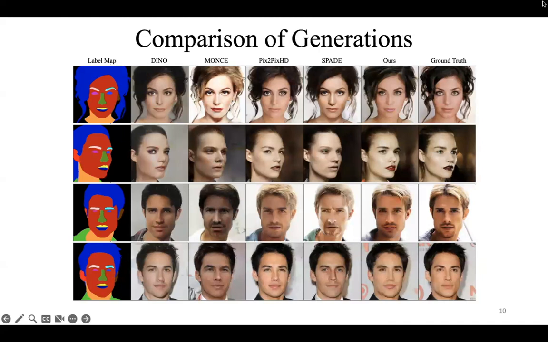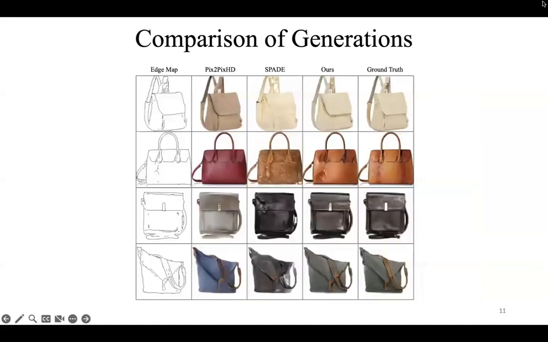We can see that GRIT is able to have the most natural-looking reconstructions, which are also closer to the ground truth. We also show some qualitative results on the edges to handbags dataset, where we again show that GRIT is able to generate the most faithful image-to-image translation from the edge maps to the real images.